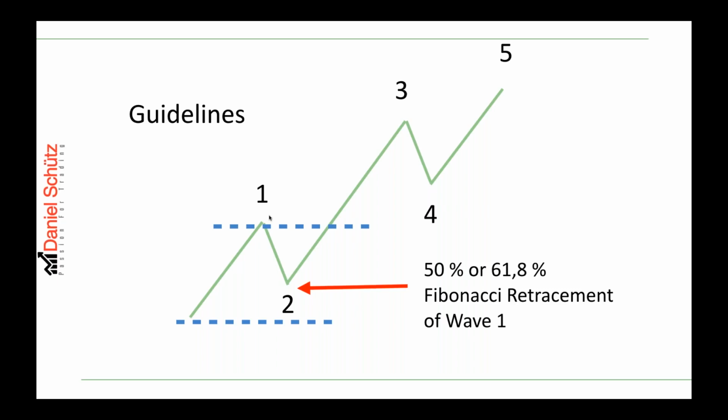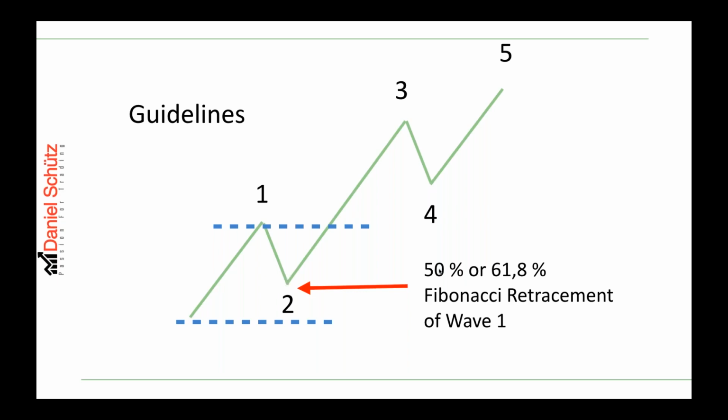Another guideline: wave 2 tends to retrace between 50 and 70% of wave 1. What does that mean? We have wave 1 and we take the Fibonacci measurements, and Elliott Wave works great with Fibonacci. So we measure the distance of wave 1 and we look how deep the retracement is.